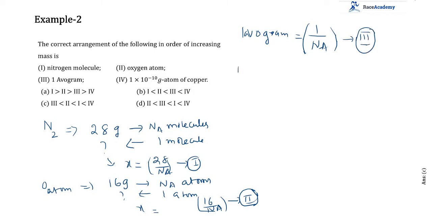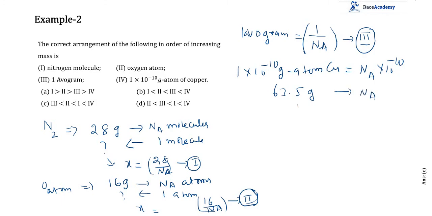Coming to the fourth one, 1 into 10 to the power of minus 10 gram atom of copper. It can be multiplied with the Avogadro number, so Avogadro number into 10 to the power of minus 10 atoms. Again, 1 gram atom of copper is 63.5 grams, which is the Avogadro number of atoms, and that got cancelled here.